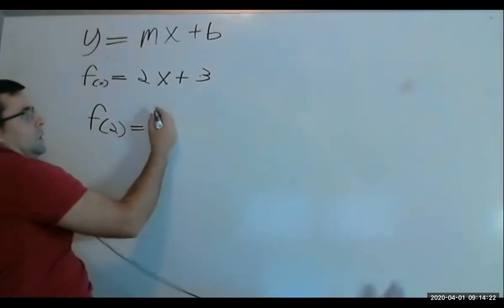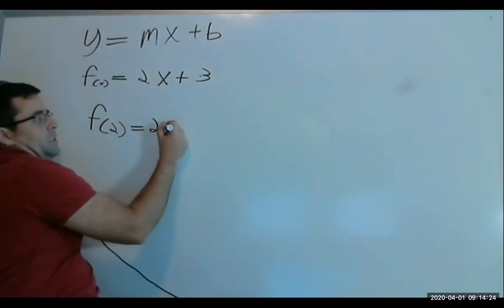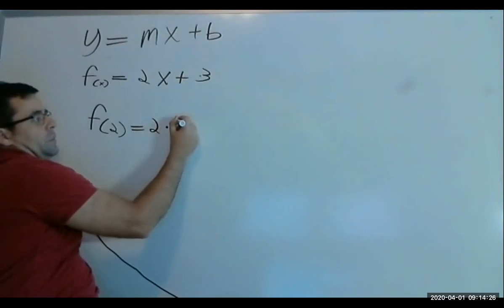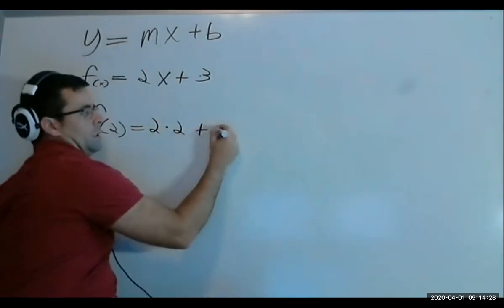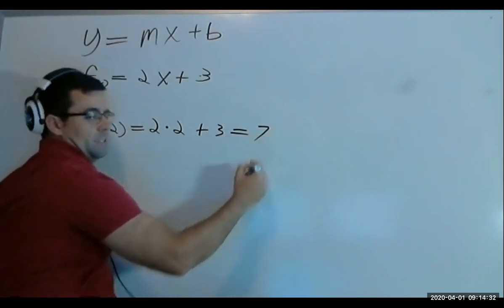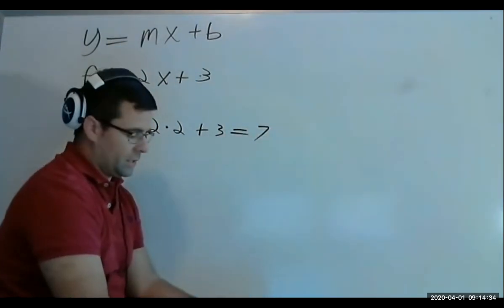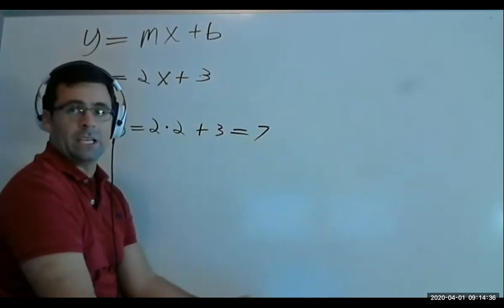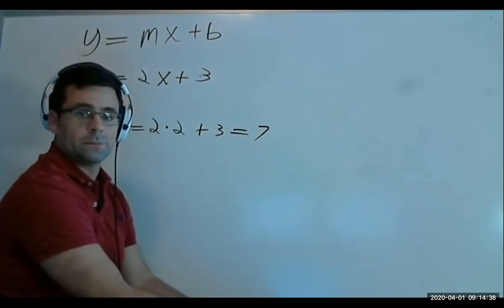So this becomes 2 times 2 plus 3 equals 7. This is known as evaluating a function.